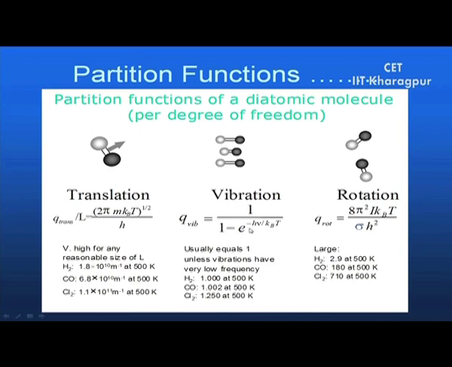Next is vibration. It has this expression: 1 divided by 1 minus e to the power minus h nu by kBT, where kB is the Boltzmann constant, and usually it is equal to 1 unless vibrations are of very low frequency.